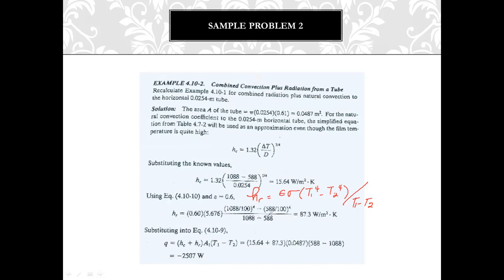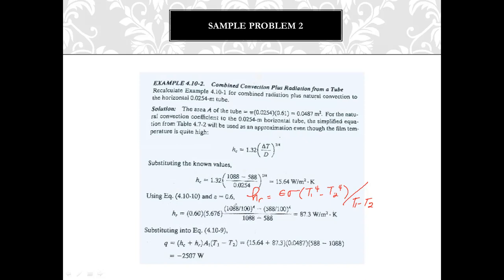Notice, class, that the T sub 1 temperature that is placed in here is the temperature of the surroundings. The T sub 2 temperature is the temperature of the body. And this one is written in this manner because even if we interchange the two, the value that we'll be getting in here would be negative.